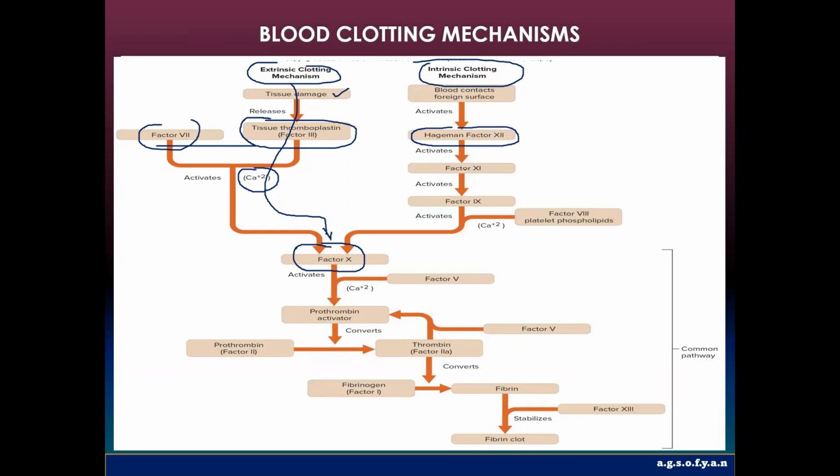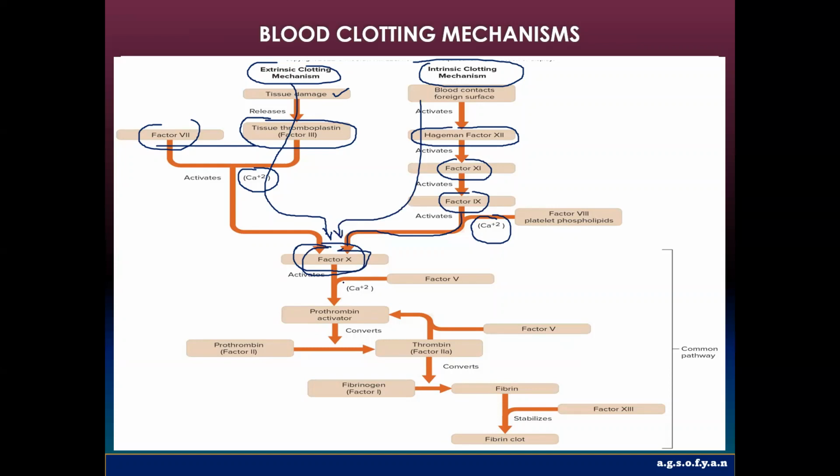And then it will activate factor number 11, and then become factor number 9. And then this with the calcium, so again, we need the calcium in order to clot the blood, will produce factor number 10. So this is one process for the intrinsic clotting mechanism.